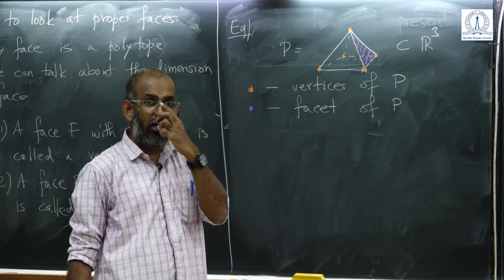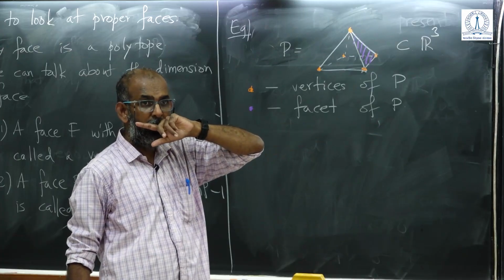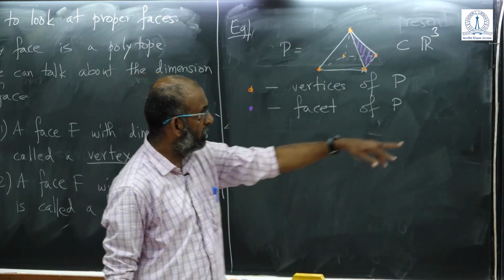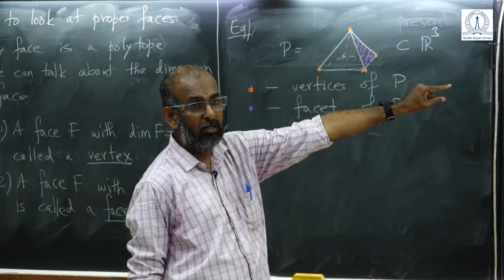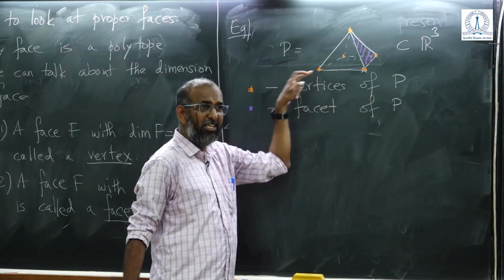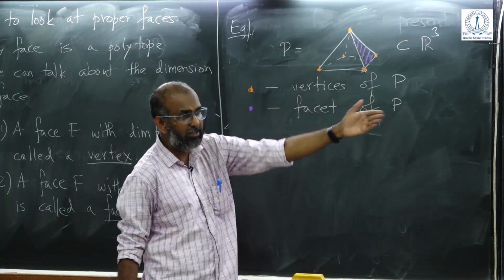No, but how will you get it from the definition? No, but I'm asking for a hyperplane. So the definition says that F is P intersection H.